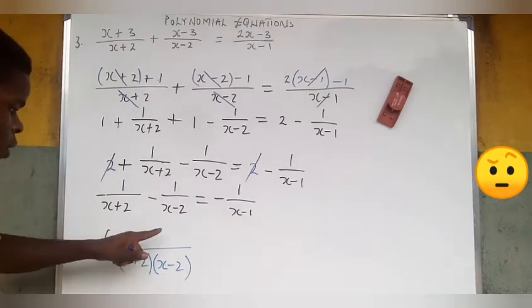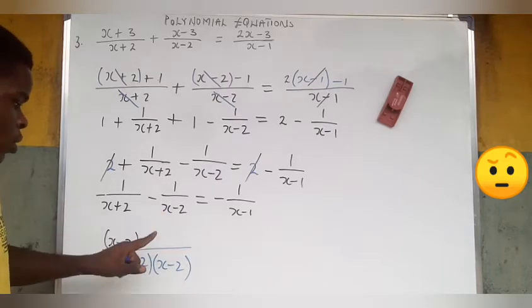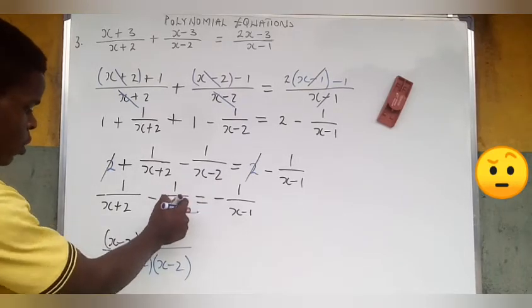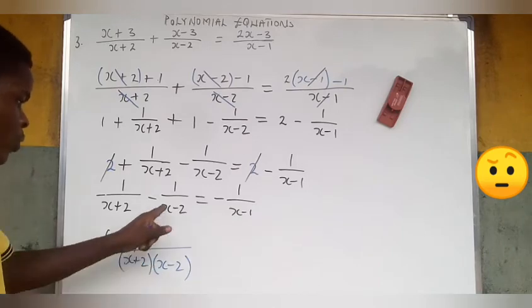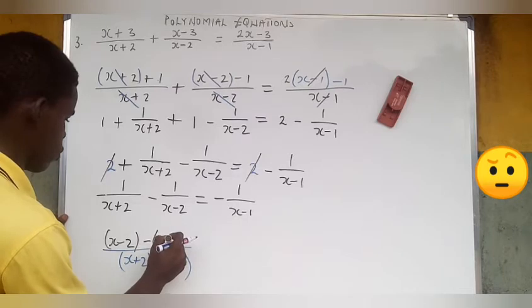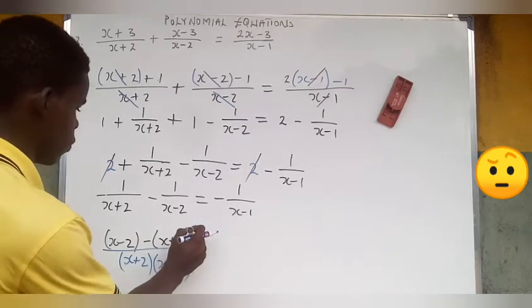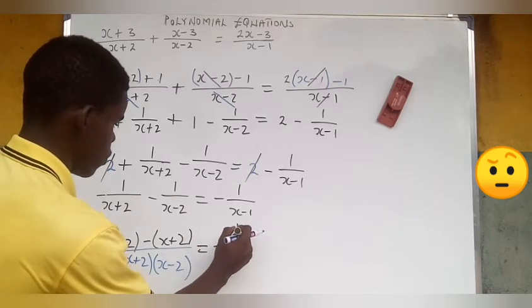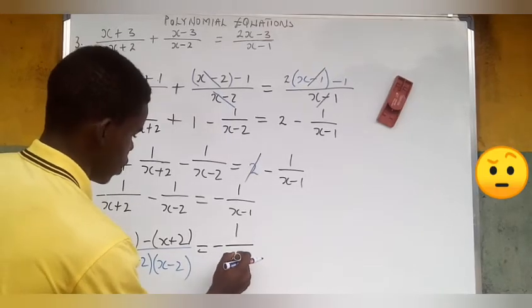This LCM divided by the denominator cancels, so we have x plus 2. So x plus 2 times 1 is x plus 2. Remember, this is negative. It is equal to negative 1 over x minus 1.